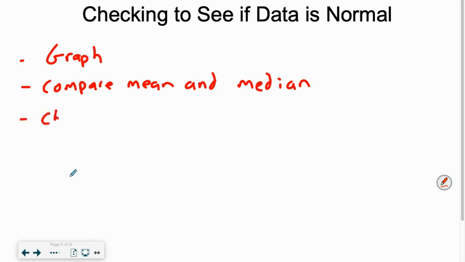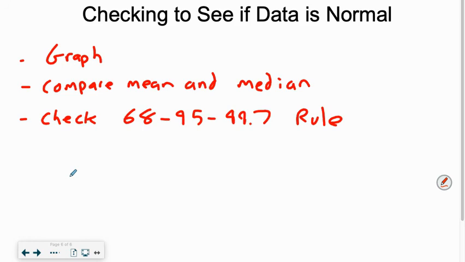You can check the 68, 95, 99.7 rule. If about 68% of the data fall within one standard deviation, about 95% of the data fall within 2 standard deviations, and 99% of the data falls within 3 standard deviations, should be fairly close to normal.